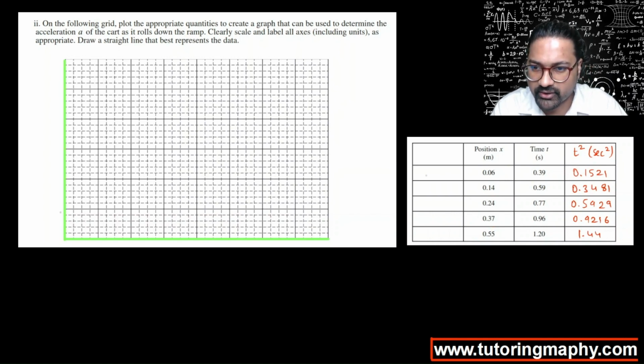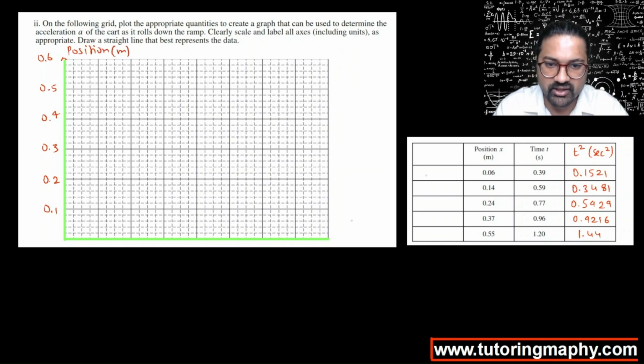So I'm going to mark that over here. So this is 0.1, this is 0.2, this is 0.3, this is 0.4, 0.5 and 0.6 over here. Obviously what I'm showing over here is the position along with the unit of meters, and here what I'm showing is time square along with the unit of second square.